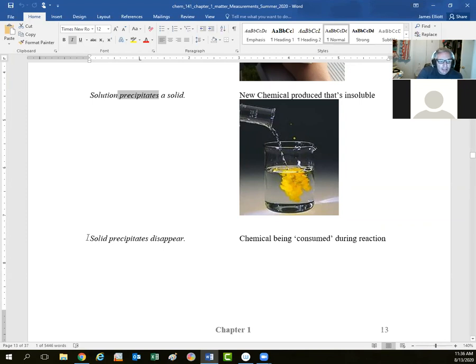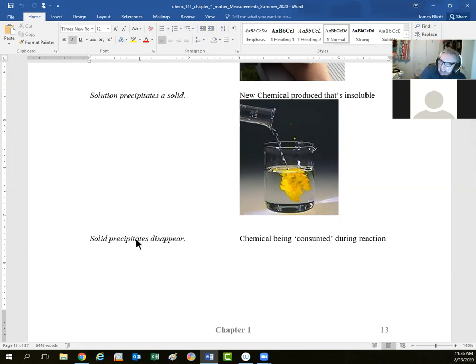It could also be that the reaction starts with a chemical which is insoluble, or starts off as a precipitate, and then over the course of the reaction it gets used up and converted into a chemical which is soluble in water. So sometimes chemicals can disappear during the course of a reaction. Be careful though, because most chemicals are more soluble as temperature rises.